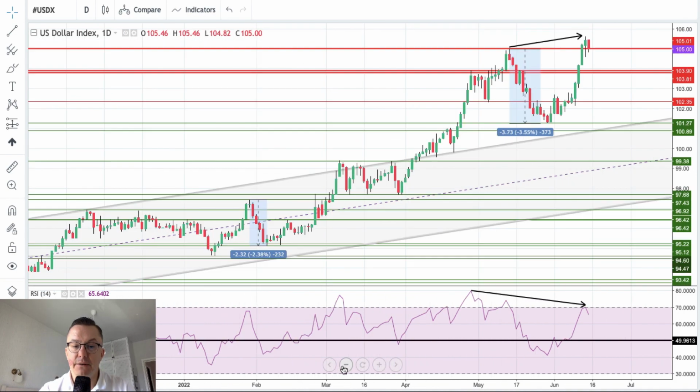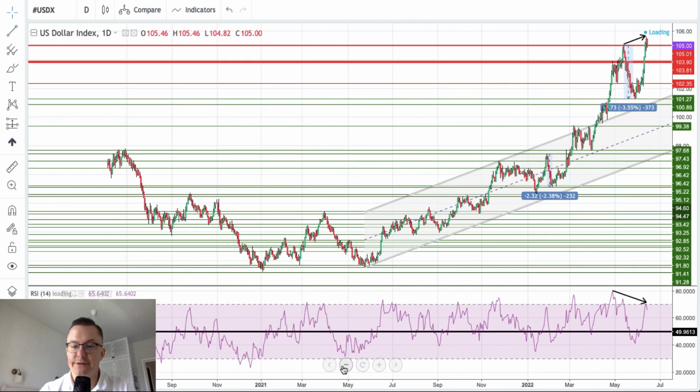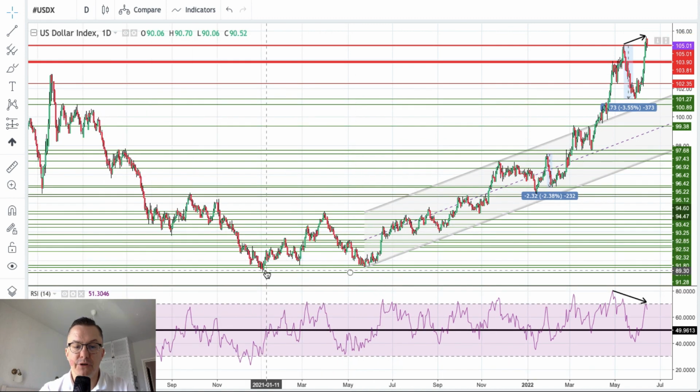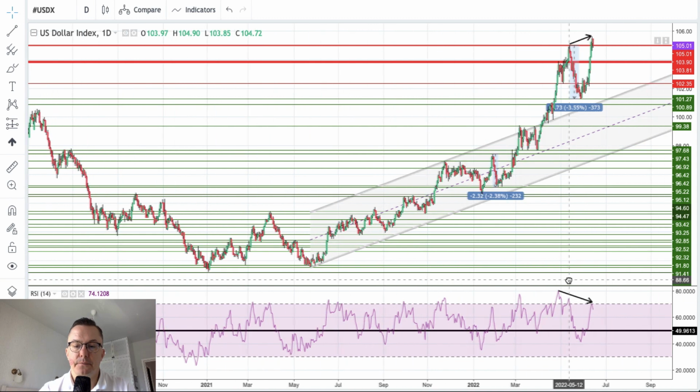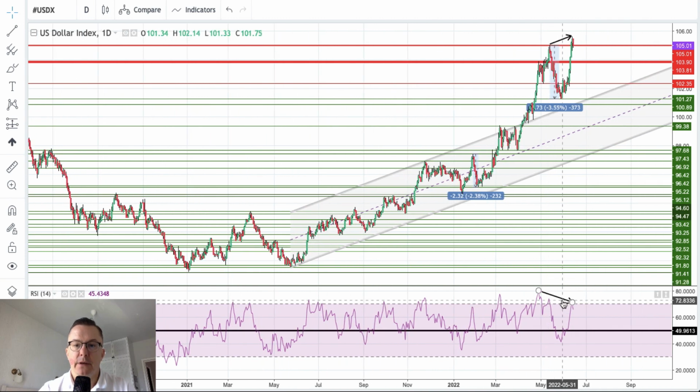And it's very clear that the US dollar market, even from the bottom at the beginning of 2021, is in a very strong uptrend. So we can stay here in extremely overbought market conditions and keep making bearish divergences.